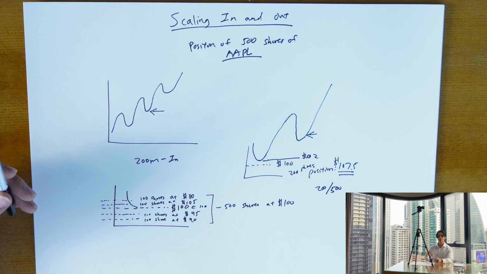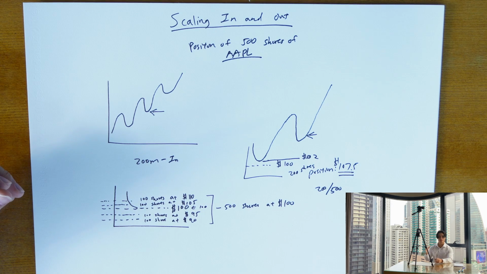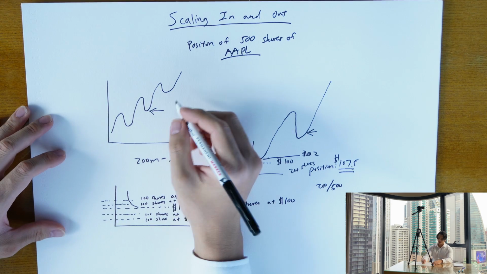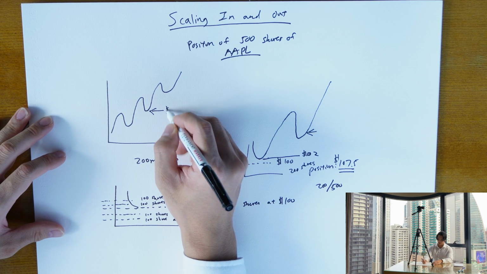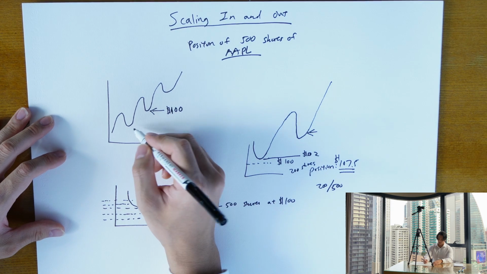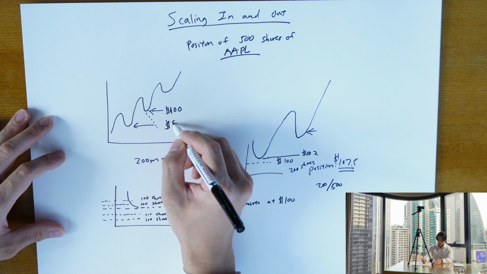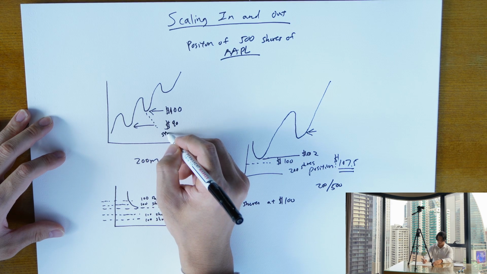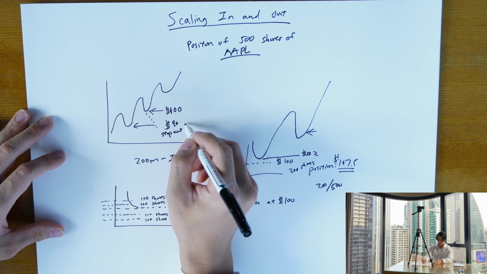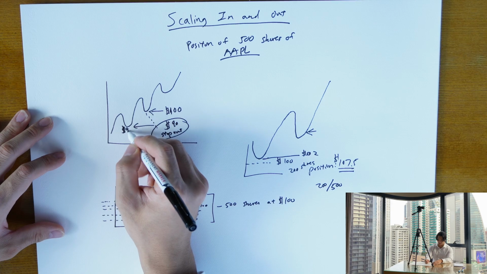Because what we always want to do is approach the trade from a risk first perspective, right? Let's say you want to enter the stock at $100, right? If the price goes down to $90, you have to stop out here, right? At $90.